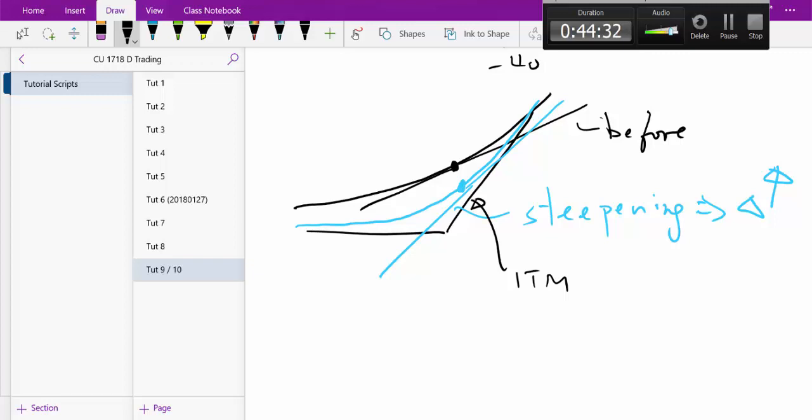Sometimes I say that. Near the money means either you are here or you are here. Okay. So you are here, you're out of the money. There is an approximate symmetry. The gammas are approximately the same, which is another way of saying the curvature here and here are similar.